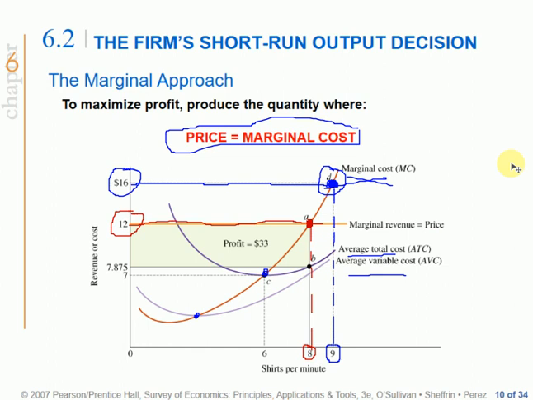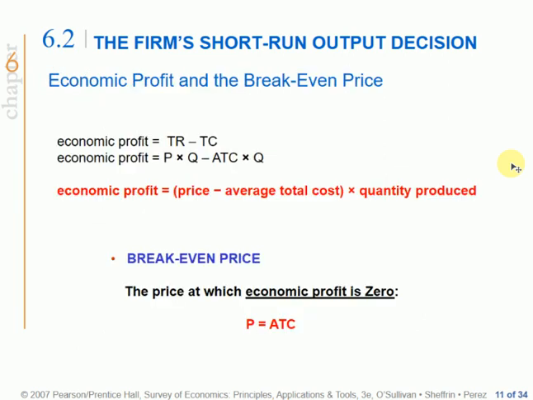This is how we can use the average cost curves in order to determine the firm's short-run output decision under perfect competition. This is called the marginal approach. It's called the marginal approach because we use the marginal principle.